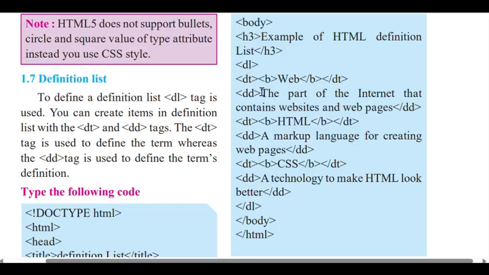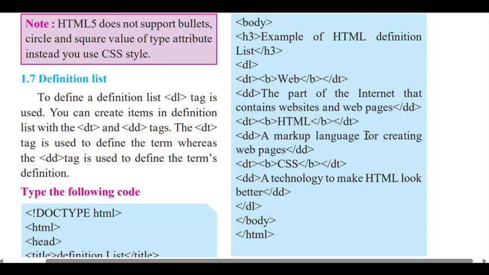Under the definition list, we are taking DT, which defines the term. DT in bold format, web, bold close, DT close. Now we are taking the definition, that is DD: the part of the internet that contains websites and web pages. It will be the content under the DD tag, and DD close.